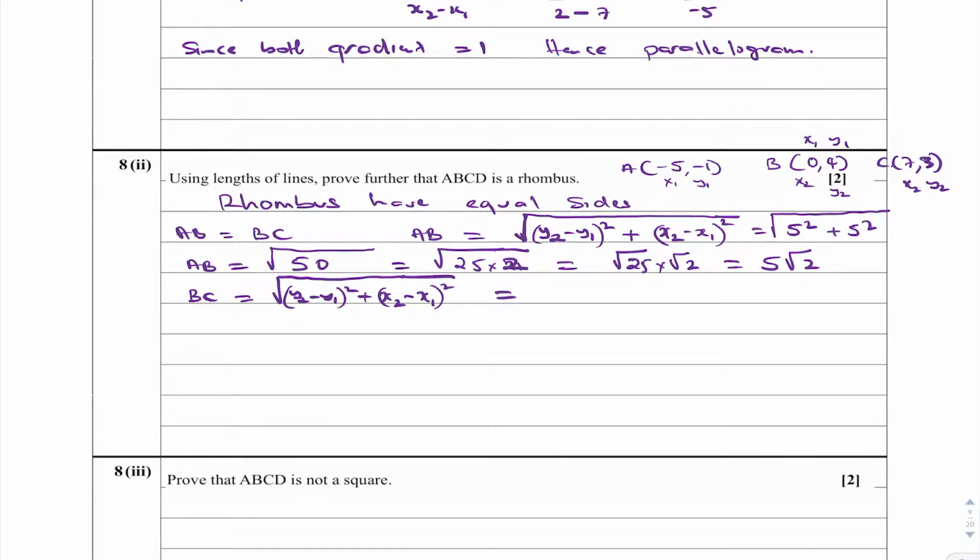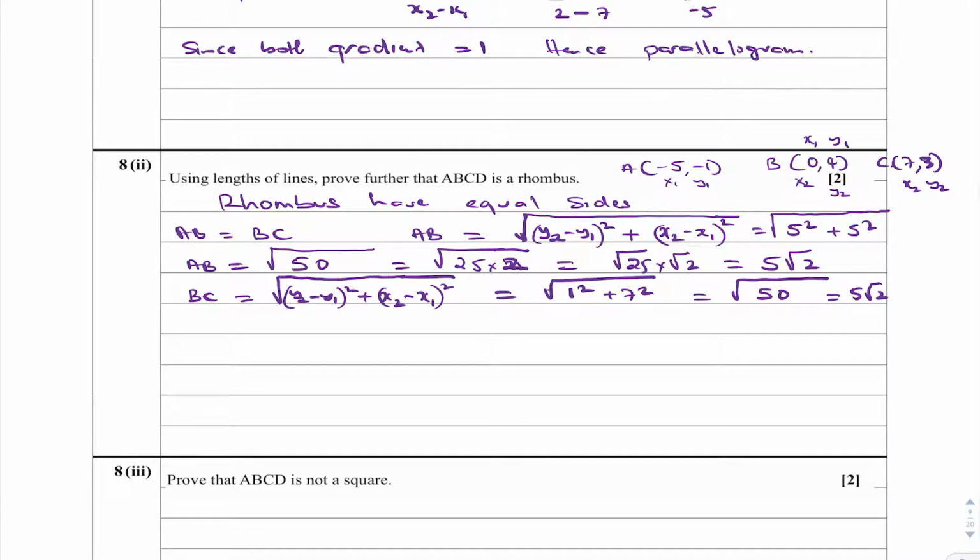Now y2 is 3, so 3 minus 4, that will be 1, so that will be root 1 squared, and x2 is 7 minus 0, that will be 7 squared, and that gives us root 50, which is 5 root 2.